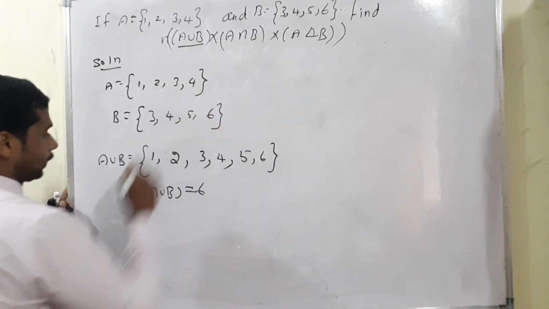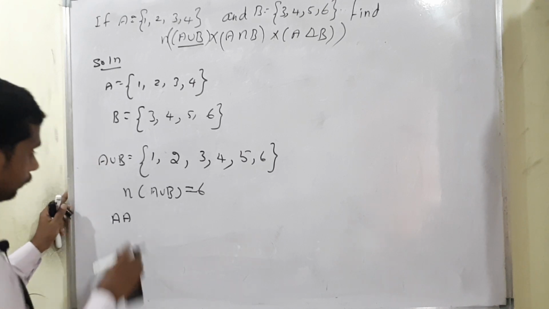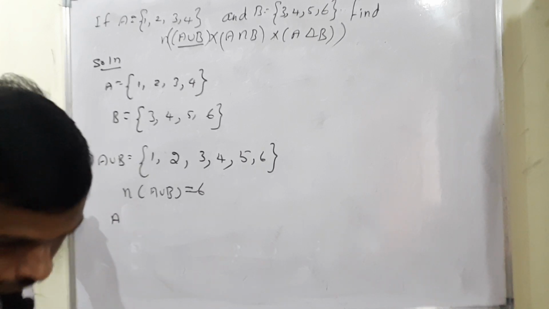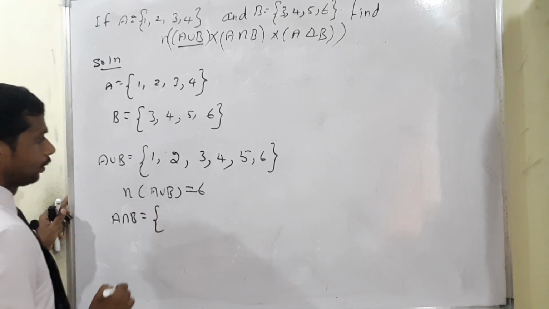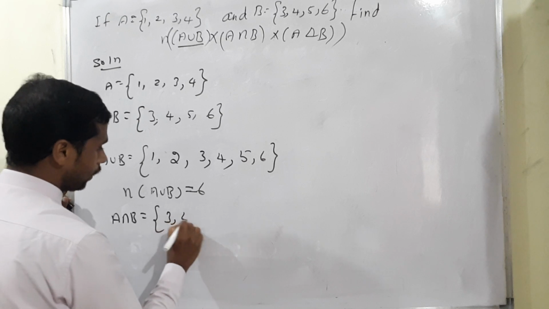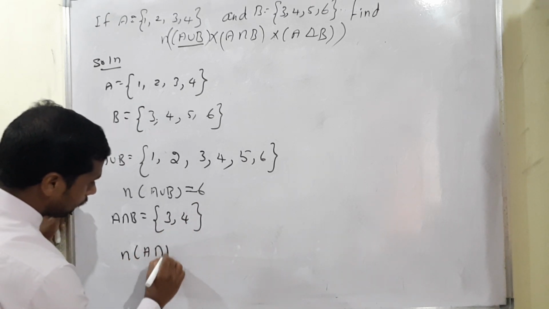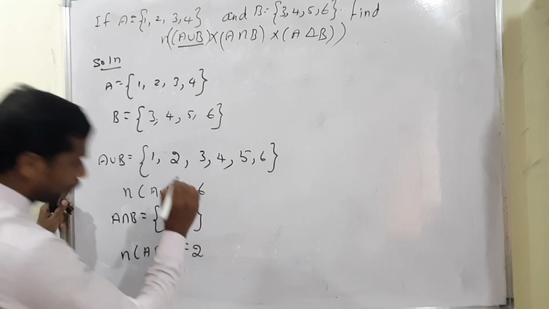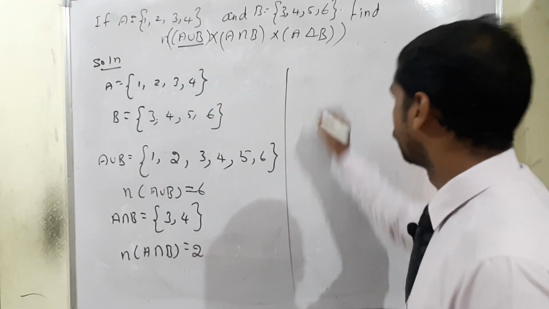Next one, A intersection B. So A intersection B is equal to common terms 3 and 4, isn't it? So 3 comma 4. Therefore, number of A intersection B is equal to 2. Last one, A symmetric B, isn't it?